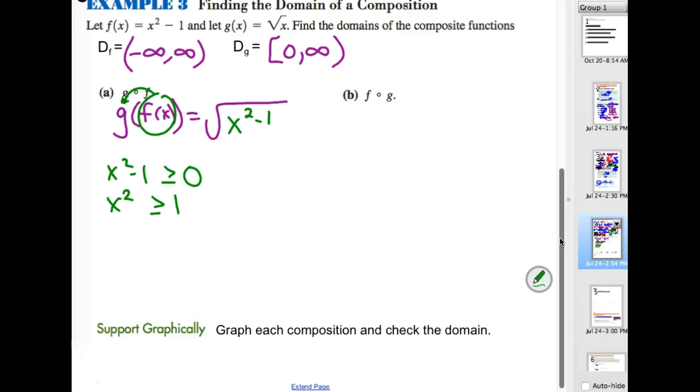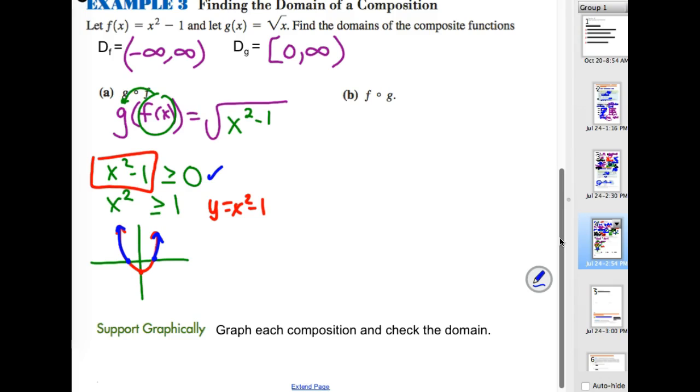And if we think about the graph of that, if we graphed y equals x squared minus 1, we are going to have a parabola that's been shifted down 1, and we are looking for where we are above 0, right? We want it to be greater than or equal to 0. So that means we're looking at this section and this section.